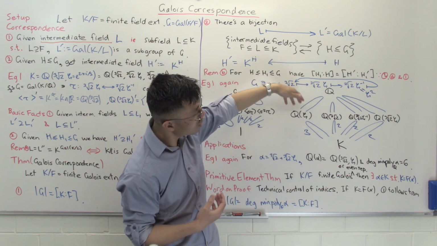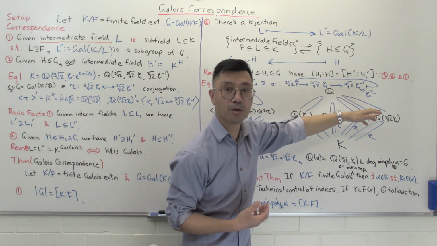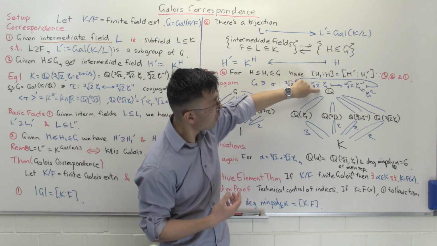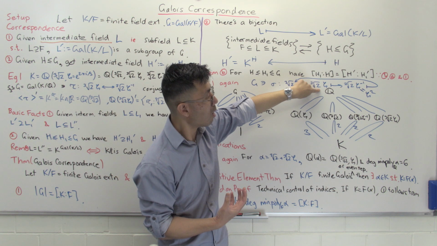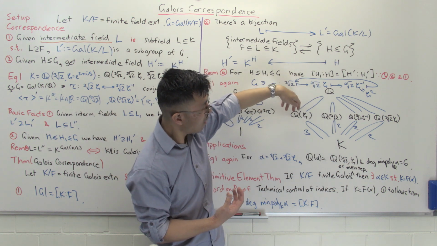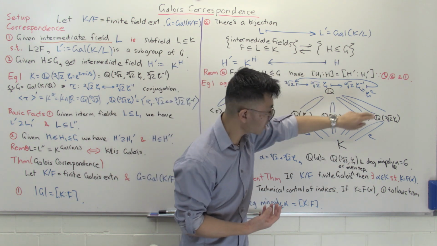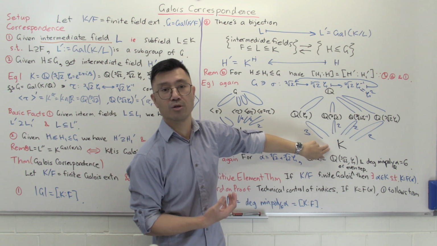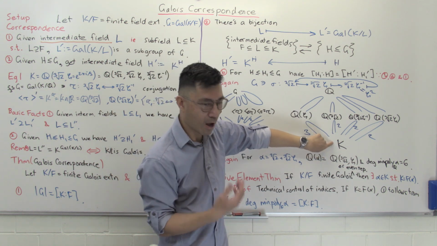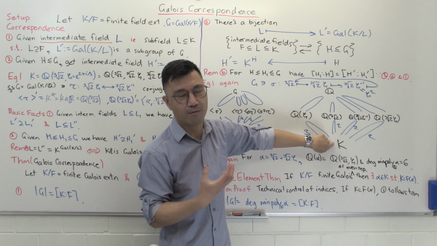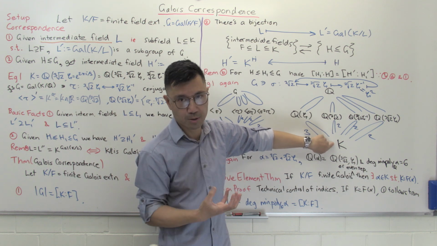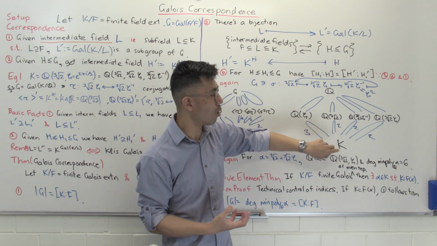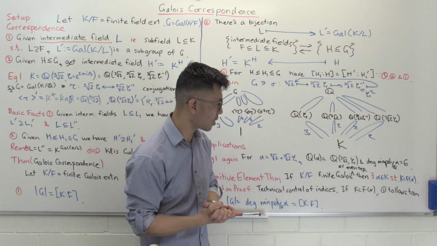Then if you take the union of all proper intermediate fields, you're looking at a finite union of proper vector subspaces. And you know that if you have a union of a finite number of proper subspaces, you cannot get the whole space.